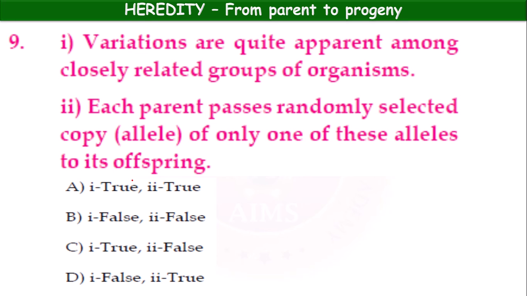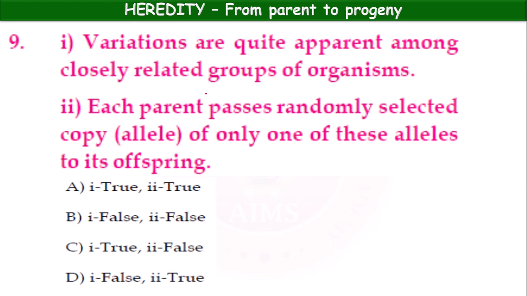The variations are quite apparent among closely related groups of organisms. Each parent passes randomly selected copy, that is allele, of only one of these alleles to its offsprings. So, you have to find out whether the statements are true or false, these two statements. Okay. This type of questions you have to read and understand and recall the concept which you have learnt.